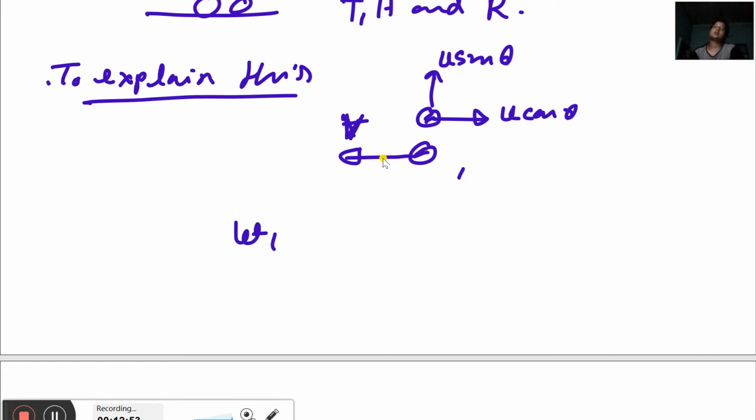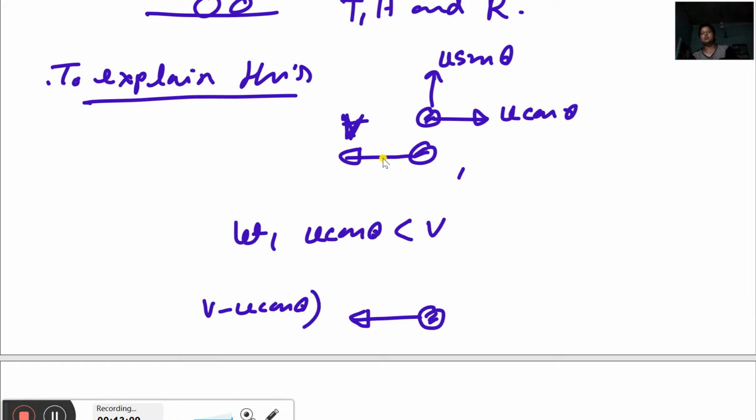Let u cos theta be less than v, then the projectile has resultant speed with respect to ground v minus u cos theta and vertical speed u sin theta.